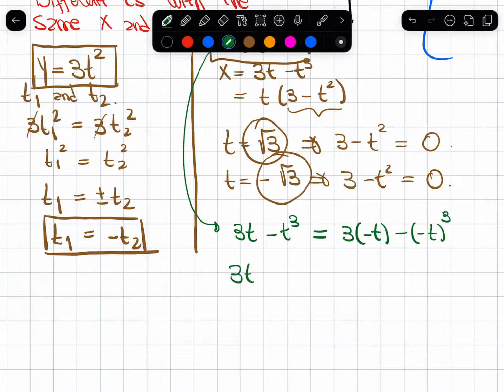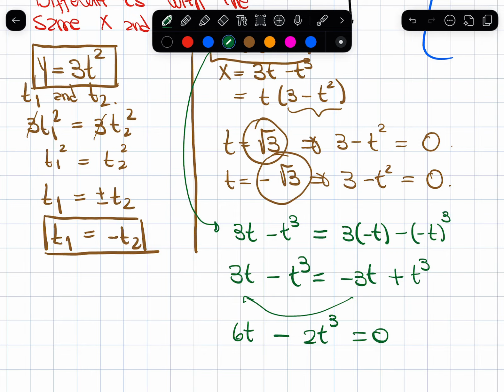This is 3t minus t cubed equals negative 3t plus t cubed, correct? Double check this. Yes. Now this is going to come out this way. This is 6t, and this is minus 2t cubed equals 0.